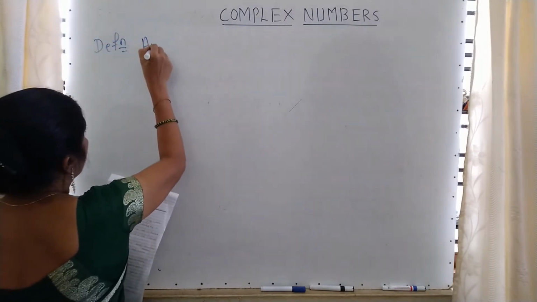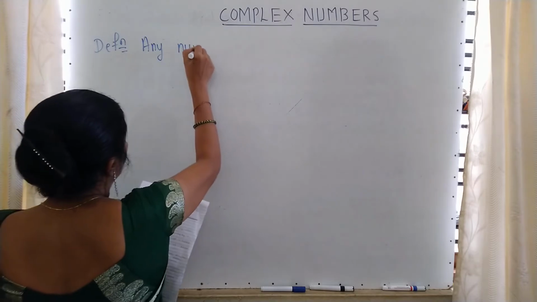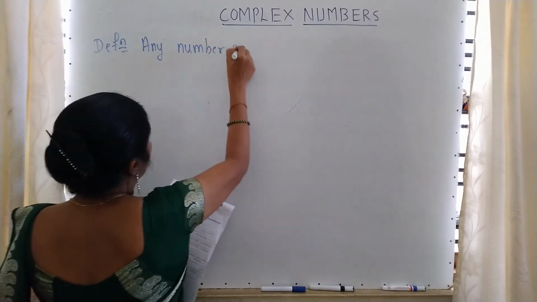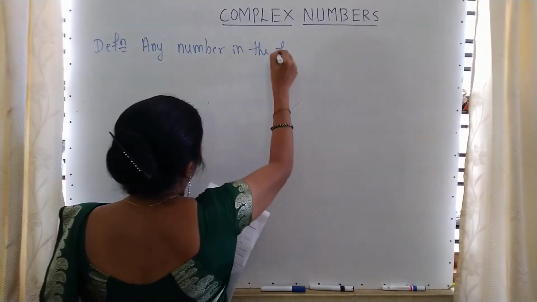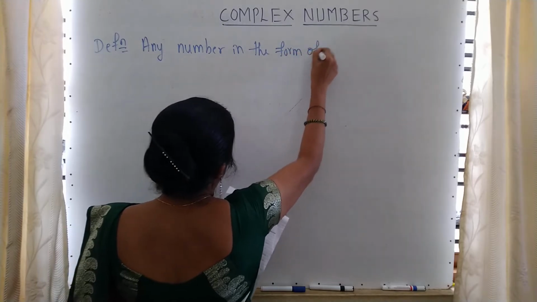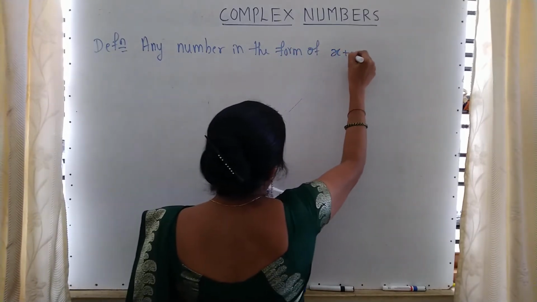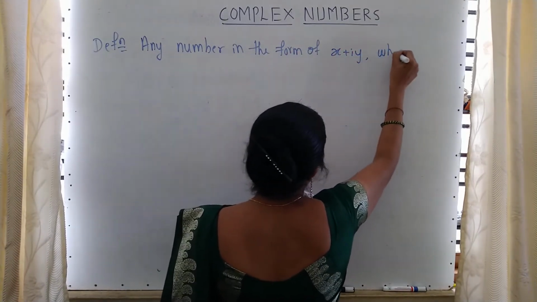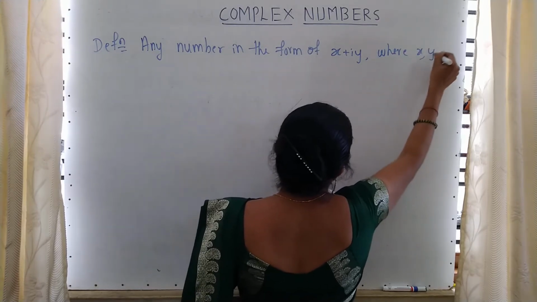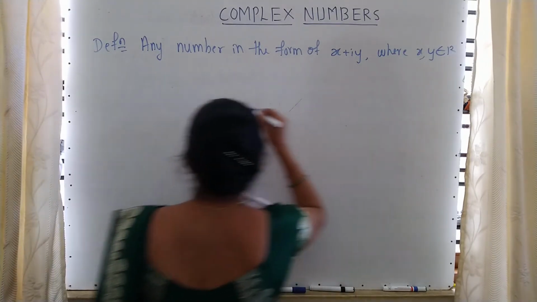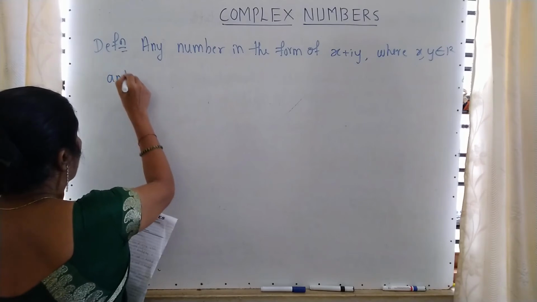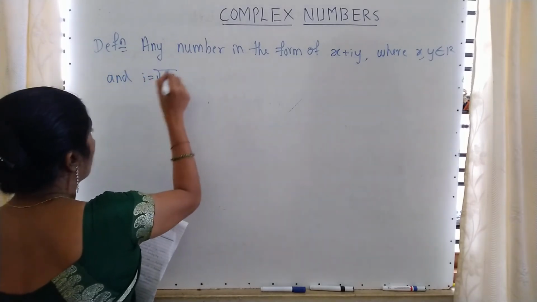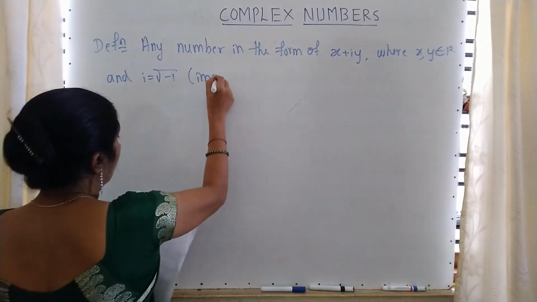See, any number in the form of x plus iy, where x and y are real numbers and i is equal to square root of minus 1, that is the imaginary unit.